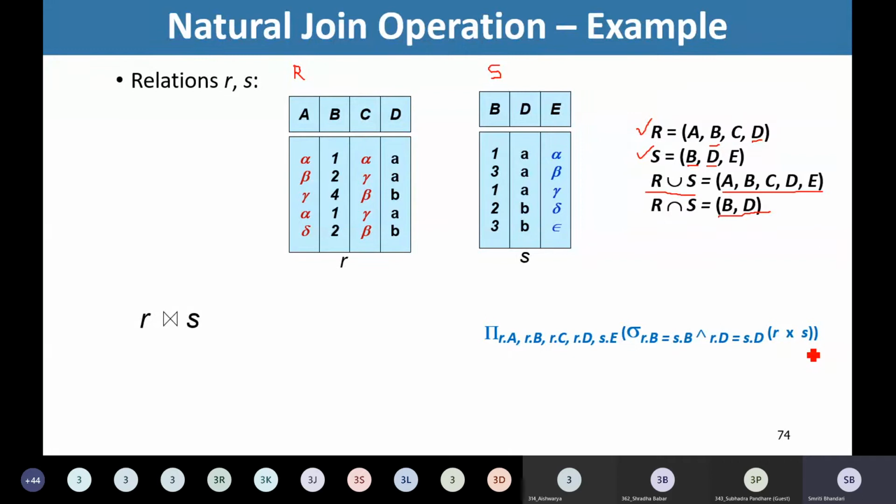In cross product, we have all the pairs of all the tuples in R and S.